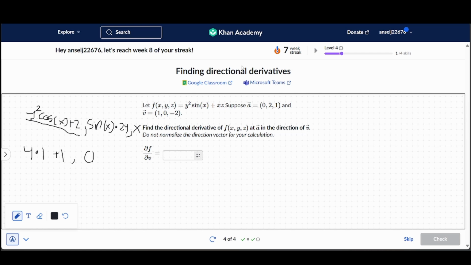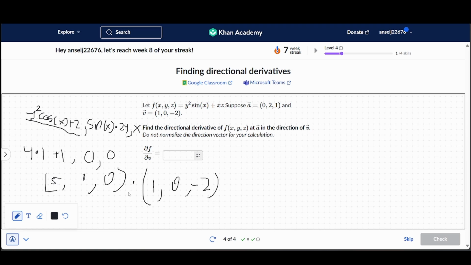Especially 2y. And then x, it's just 0. So this one, it's 5, 0, 0, and then you just dot product this with the velocity vector.